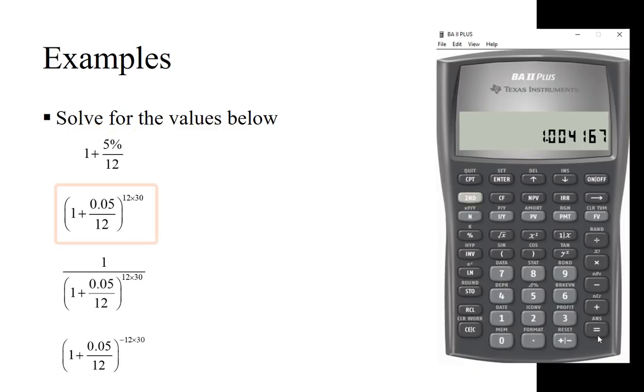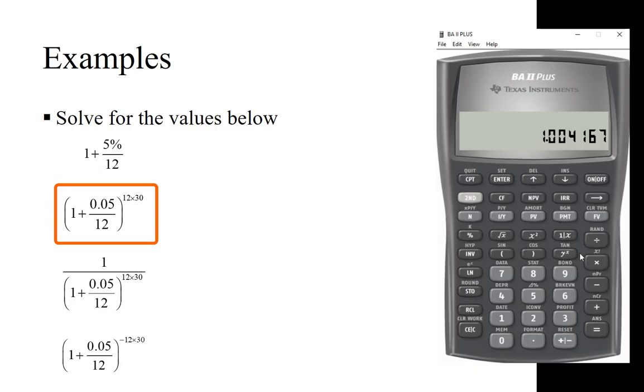And now if we move on to the second example, 1 plus 0.05 divided by 12. Again, we can simply go to 1 plus, open parenthesis, 0.05 divided by 12, close parenthesis, equals. And we're going to raise that to the 12 times 30th power, right?